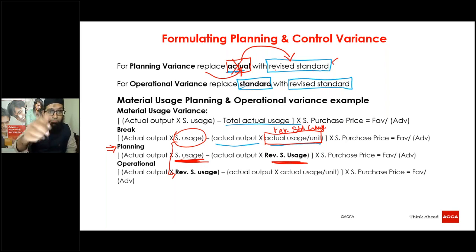I'm saying it is written replace actual with the revised standard, and when I replace it, from my formula, actual will be eliminated and will be replaced by the words revised standard. So now my variance formula will then be revised standard versus the original standard. So this will be the planning variance and not the operational variance. Okay, have you understood, Shagar?